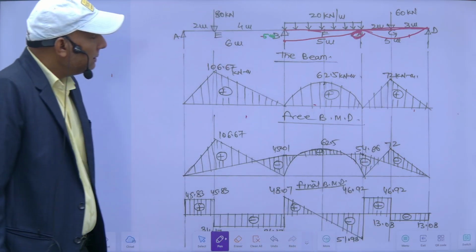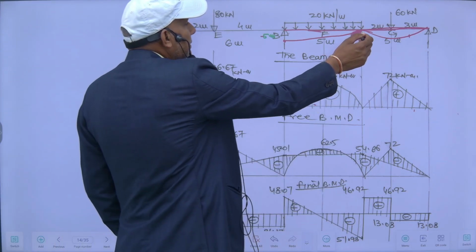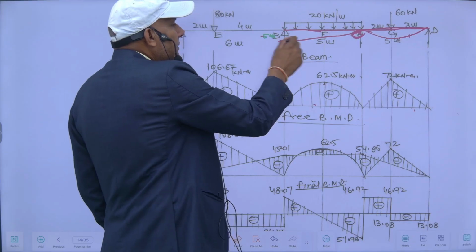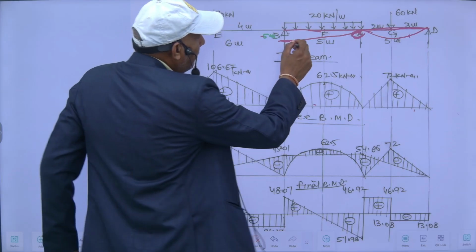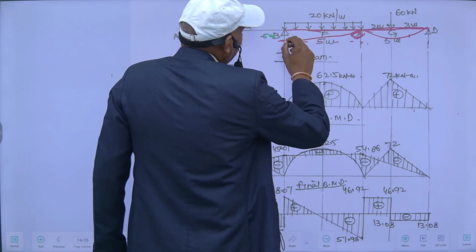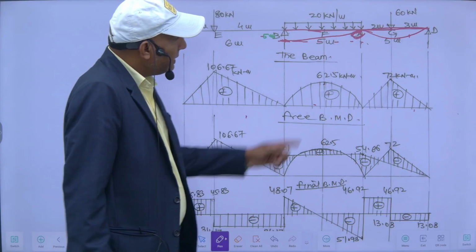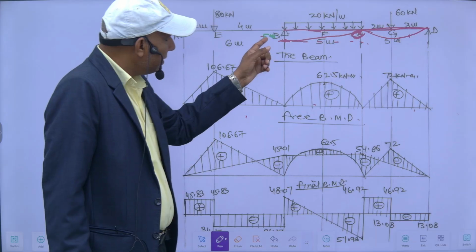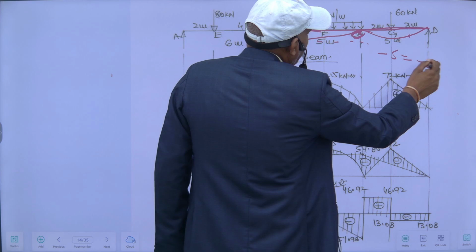Deflection of C with respect to this point, as the C is upward, means deflection of C with respect to this will be minus delta, minus 5 mm.